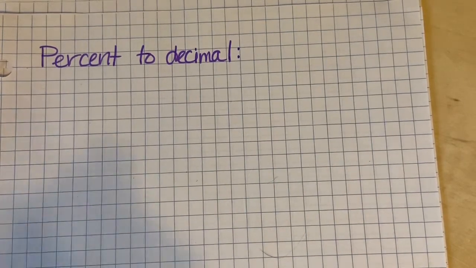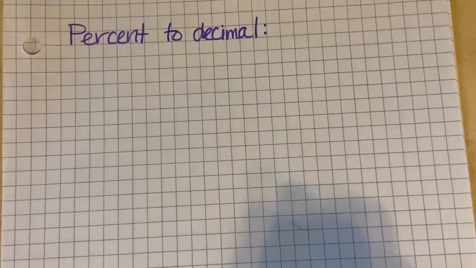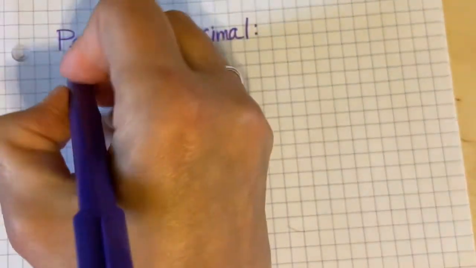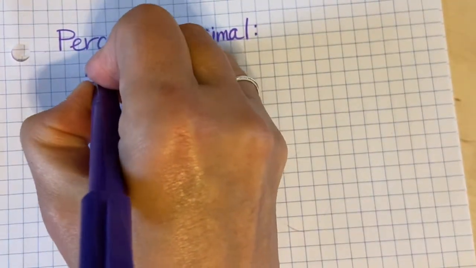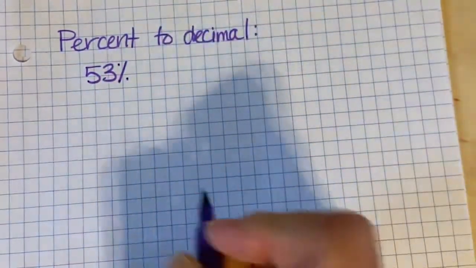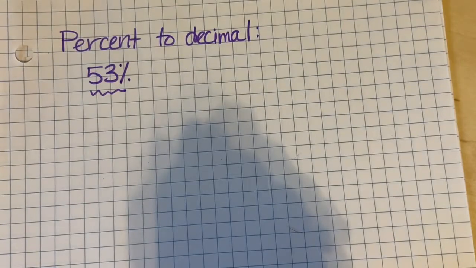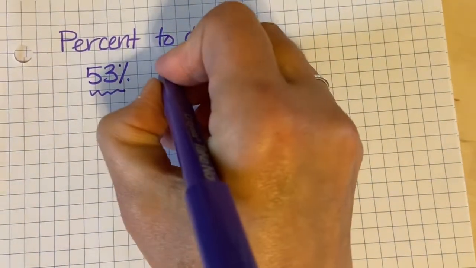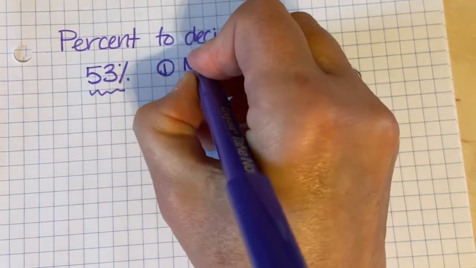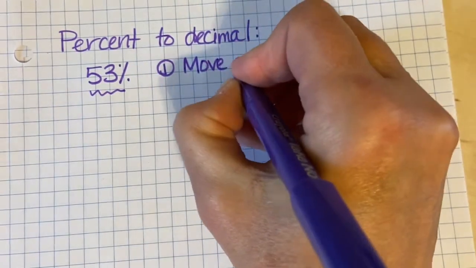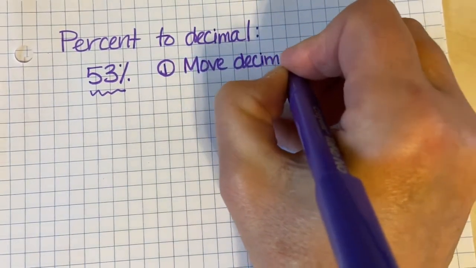So if you change a percent to a decimal, let's say I've got 53%. If I want to change that to a decimal, I move my decimal 2 places to the left, and I drop the percent symbol.